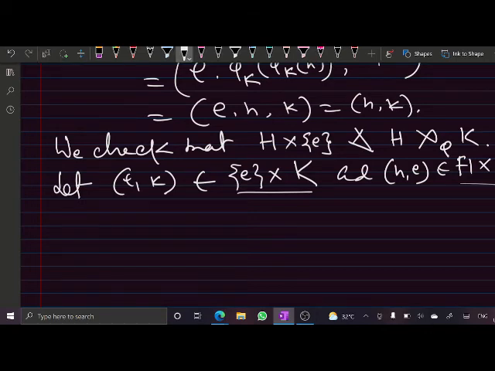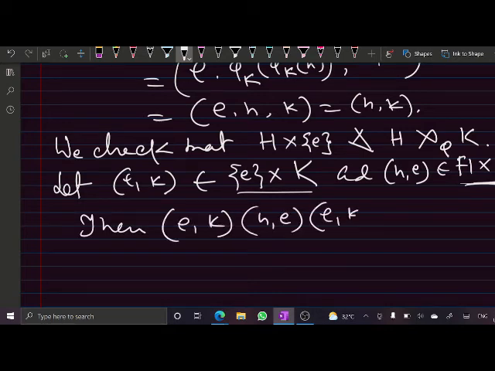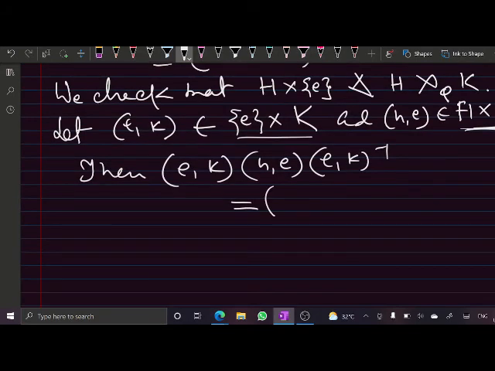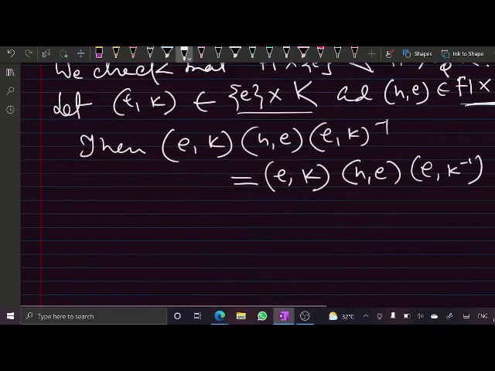That is enough, because if you take any element from this, it is obvious that it will do the job. Now compute (e, k)(h, e)(e, k)^{-1}. That is (e, k)(h, e), and then times (e, k)^{-1}.